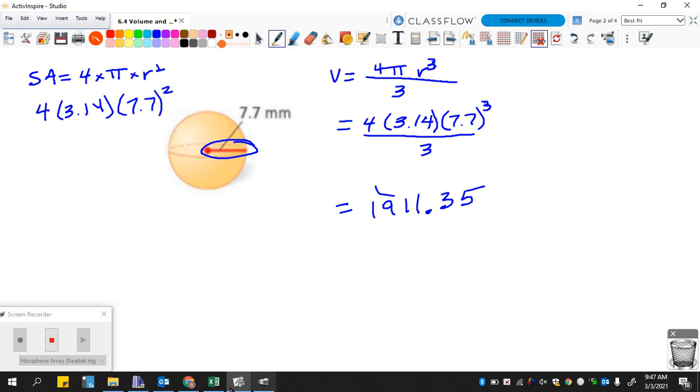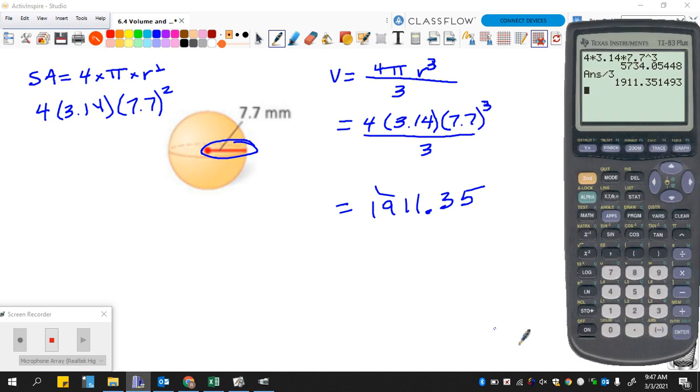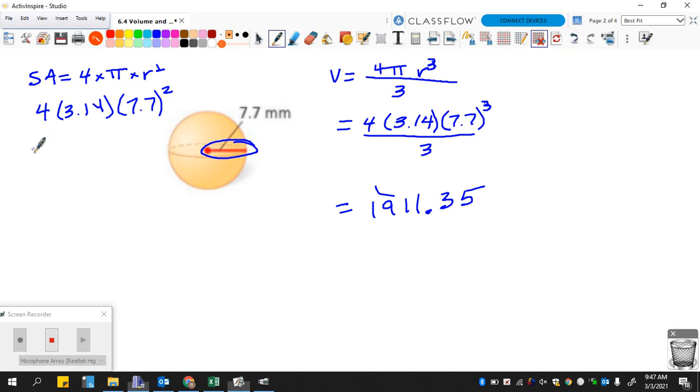Okay, so when we do that, we're going to say 4 times 3.14 times 7.7, and we're going to use a square button here, and we end up with 744.6824. Okay, and if we round it off, we could round it off to 744.68.